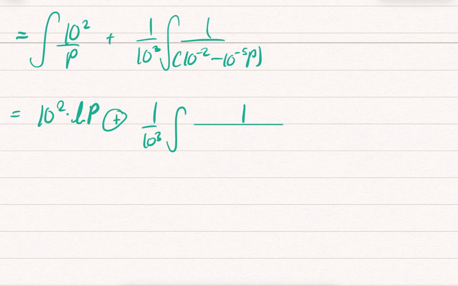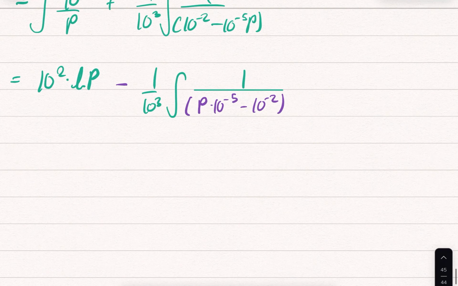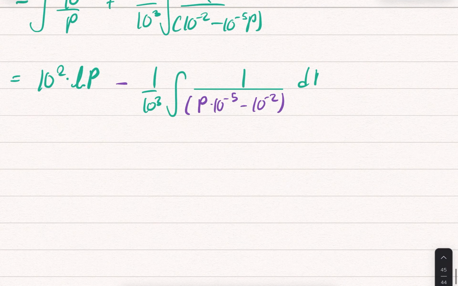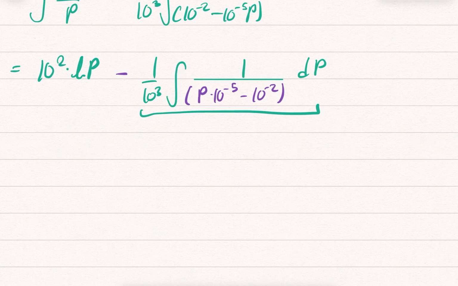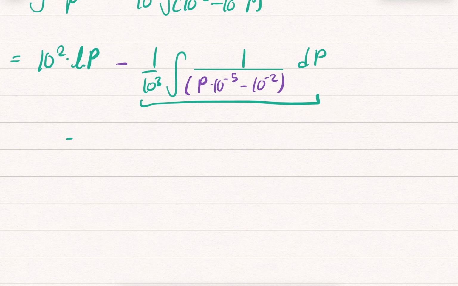So what I'm going to do here, and I'm going to make my changes in this color. P times 10 to the negative 5 minus 10 to the negative 2. So nothing crazy, I just moved that out. And this is still dP. So I'm just going to focus on this term right now. So I have negative 1 over 10 cubed, okay?